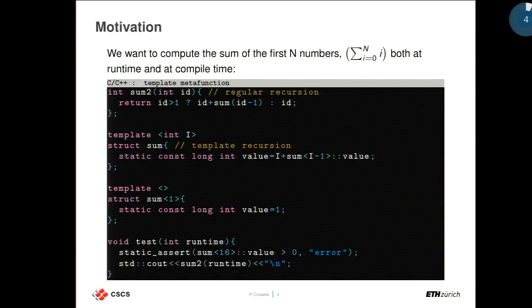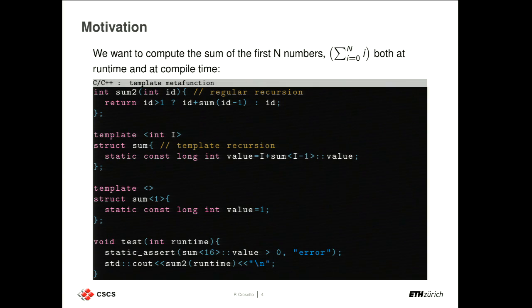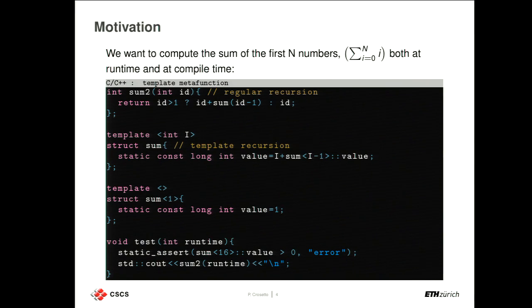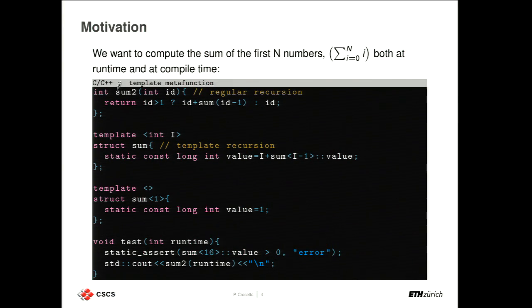First, the motivation. Let's say that we want to compute the sum of the first n numbers, and let's say that we don't know there's an analytic way to do that, so instead of looping over all of them, we want to do it with recursion. And we want to do this at compile time and at runtime.